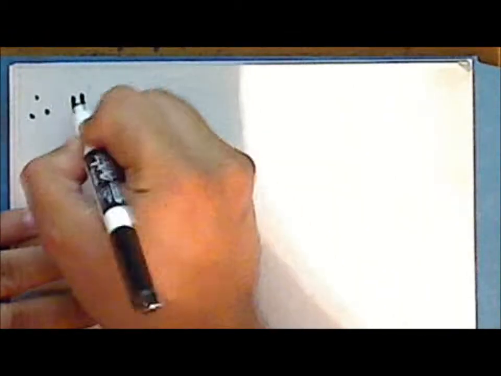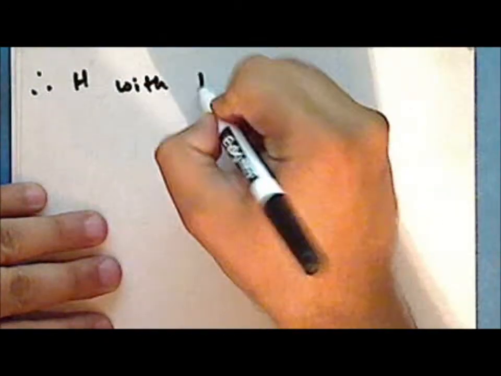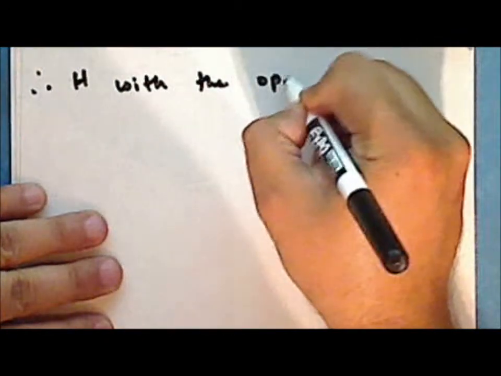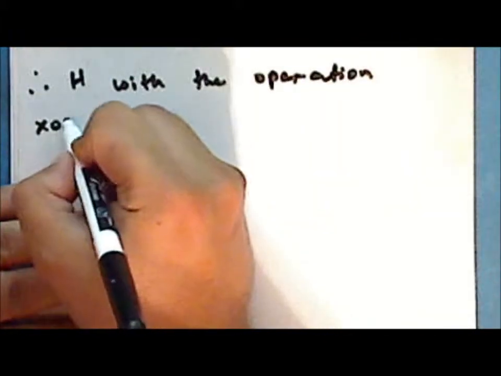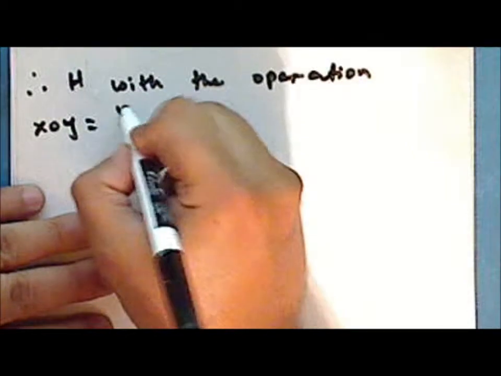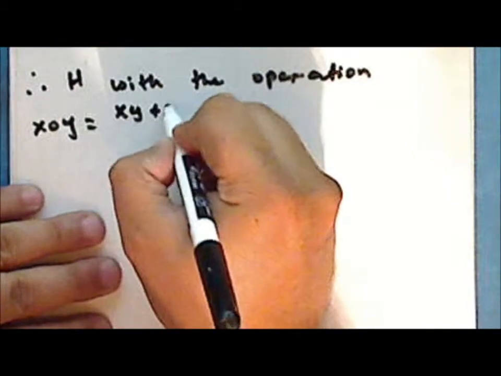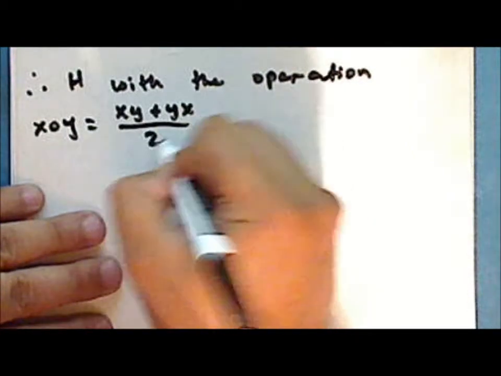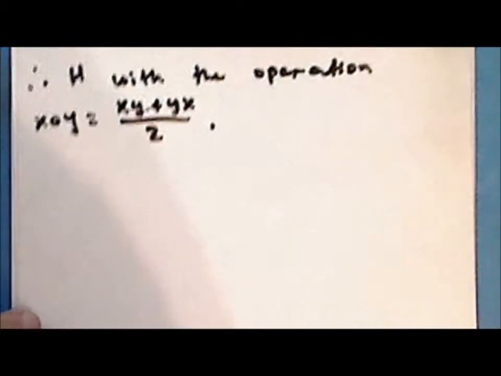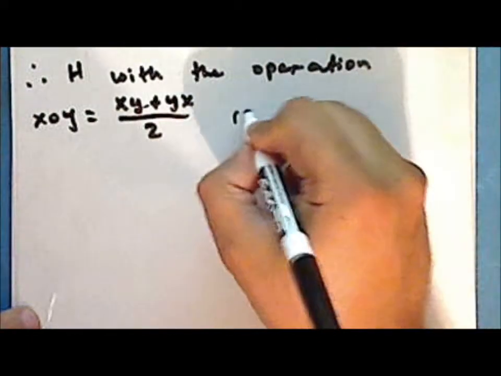And therefore the quaternions with the operation x circle y, which is x times y plus y times x over 2 for the normal products of quaternions, is a real Jordan algebra.